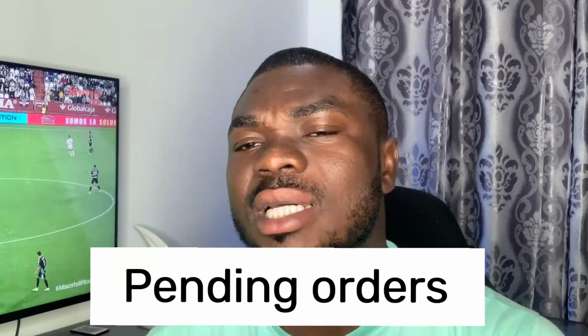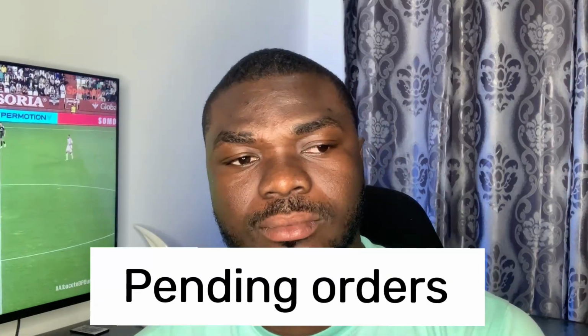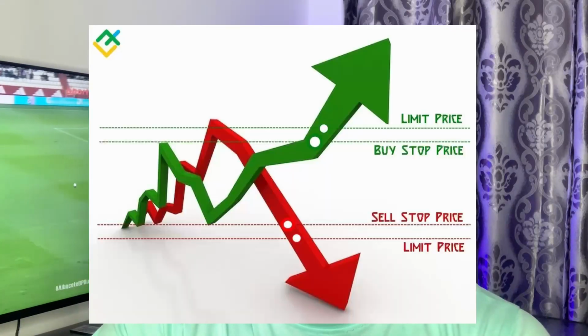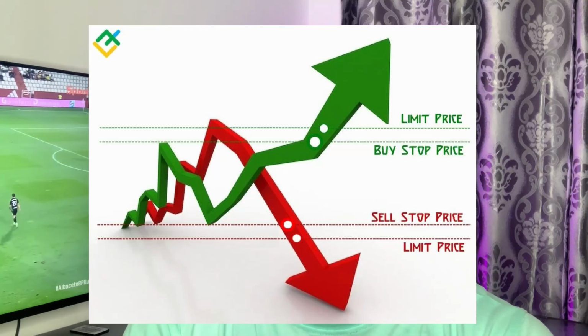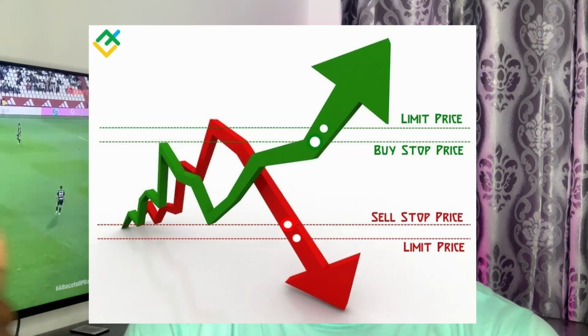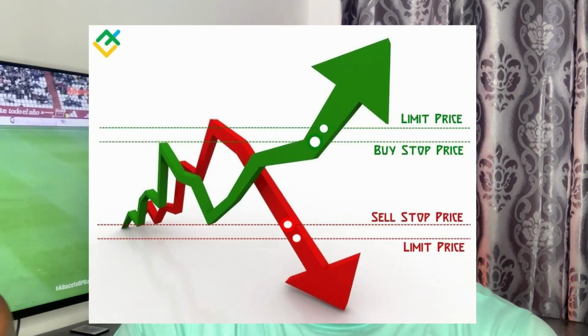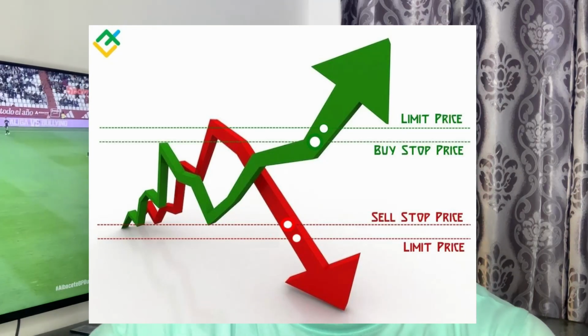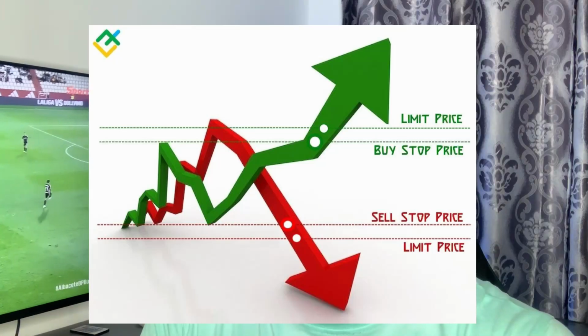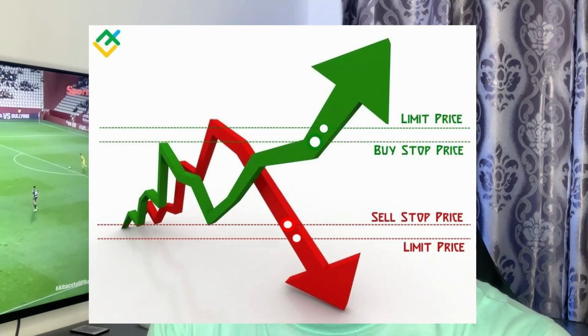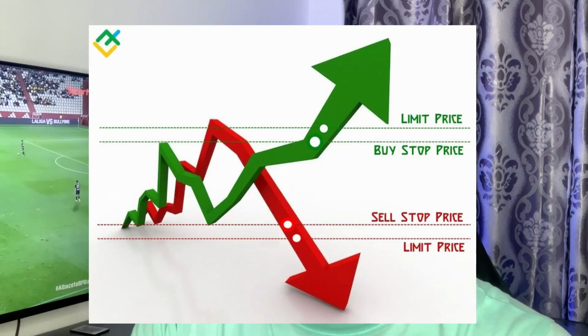Before I even talk about buy limit, pending orders basically means you want to buy at a particular price, but the market is not yet at that particular price that you want to buy or sell. That is what pending orders means. It's pending, like the word goes.